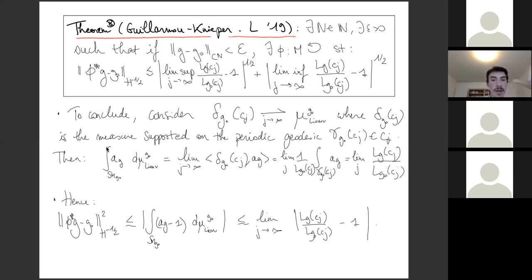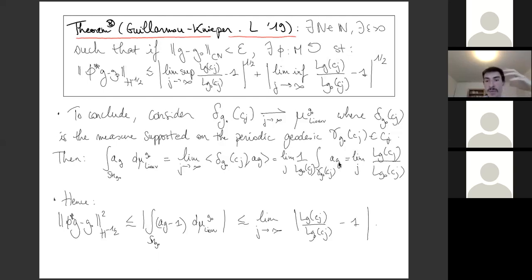And then what I get is that, by construction, the stretch, so the integral of A_G with respect to the Liouville measure, is equal to the limit with respect to j of this quantity. And this quantity is by definition 1 over L_G0 of c_j, so that's the length of the G0 geodesic, and then the integral of A_G.